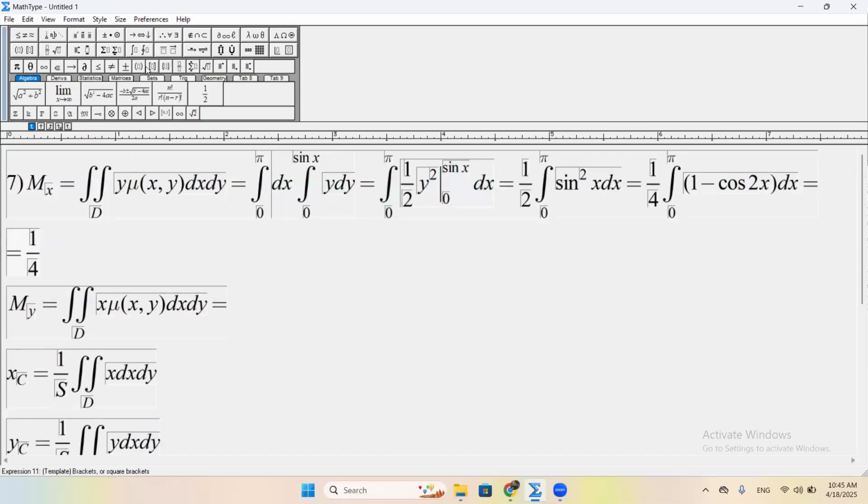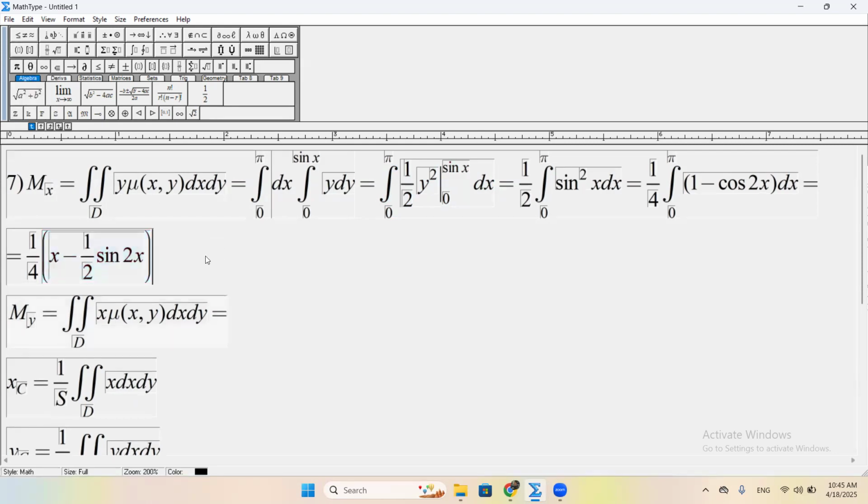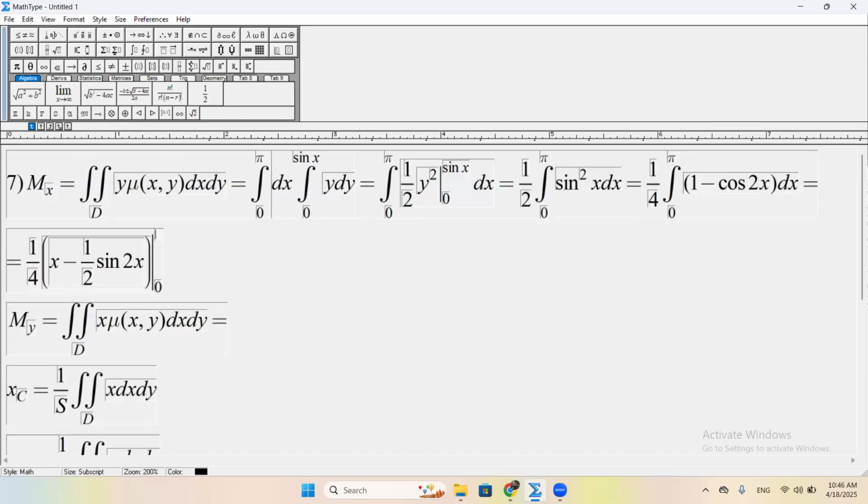So we will have the following antiderivative: x minus 1/2 sine of 2x from 0 to p. And we have p/4. So we calculated the static moment with respect to the x-axis. And now moving to the y-axis.